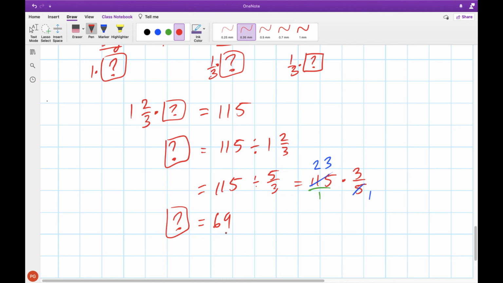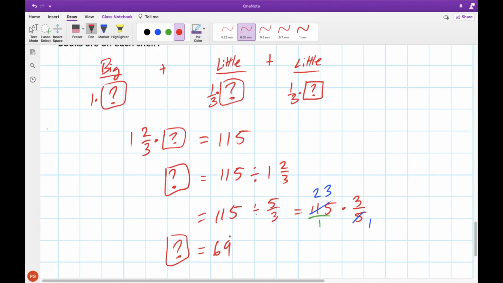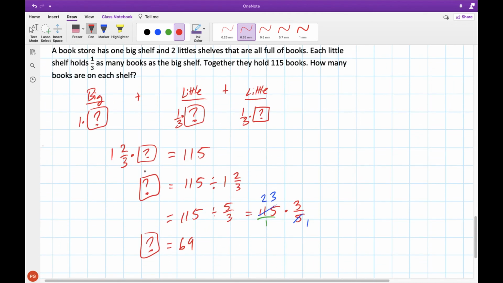But now we need to pause and think about, what does this number represent? Well, we did this all in terms of the number of big shelves that we have. So if we have one big shelf, that's our question mark here, that's equal to 69. That tells us that on the big shelf there are 69 books.